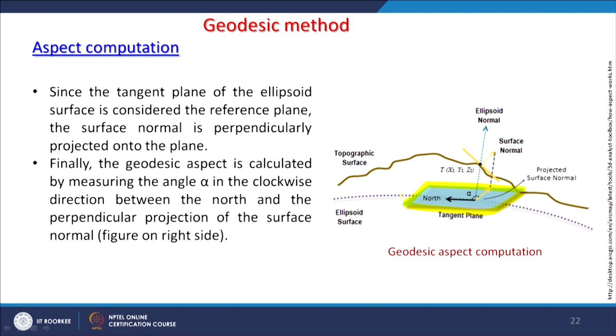Again we are coming to that point where the aspect is always measured in the horizontal plane. So, this surface normal is perpendicularly projected onto a plane, and finally the geodesic aspect is calculated, measured as the angle alpha in the clockwise direction between north and the perpendicular projected normal. So, if it is towards west, then this angle will be calculated.